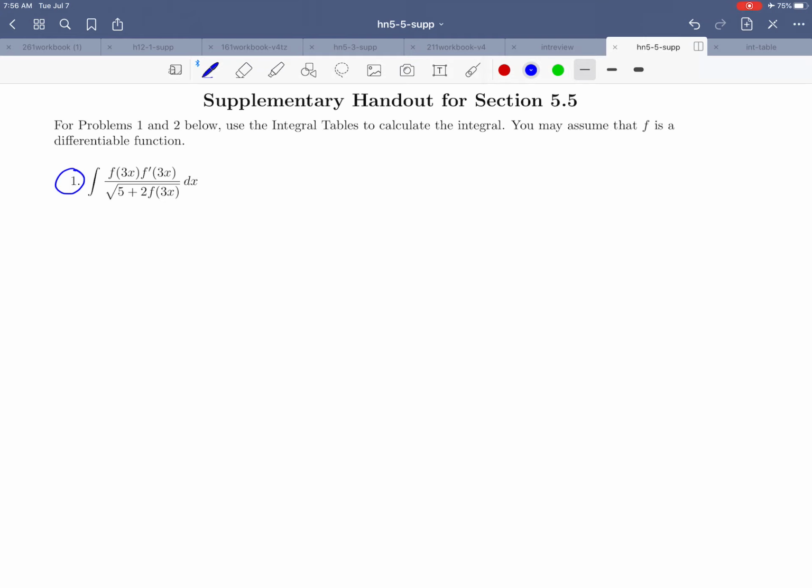Focus for a minute just on the denominator, and notice that if we choose to let u be f of 3x, that's a choice that will allow us to simplify the integral. That denominator looks like the general form a plus bu, where a and b are 5 and 2. Let's try that substitution and just see where it leads us.